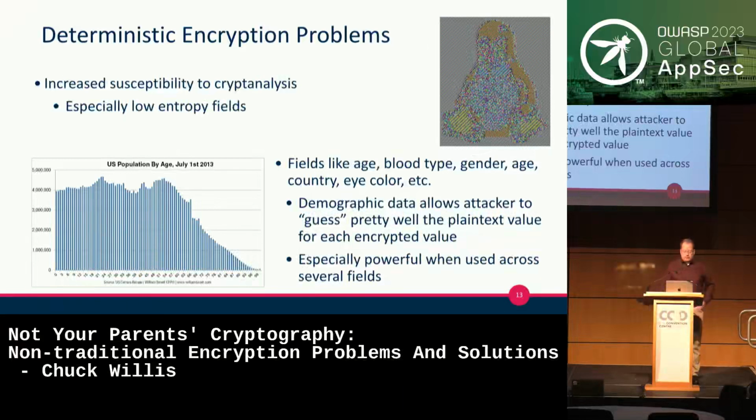So age, for example, you can compare age in some encrypted data with our chart here that shows the U.S. population by age, and get a pretty good idea maybe of at least who the older people are, because they're in the smaller cohorts, and the more people that are middle-aged and whatnot.